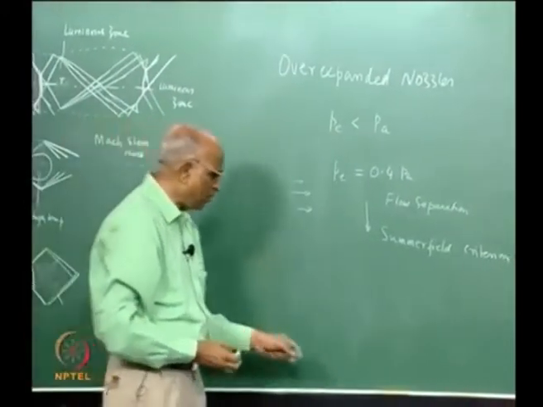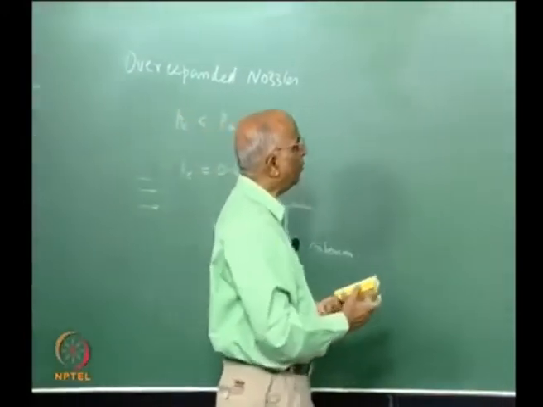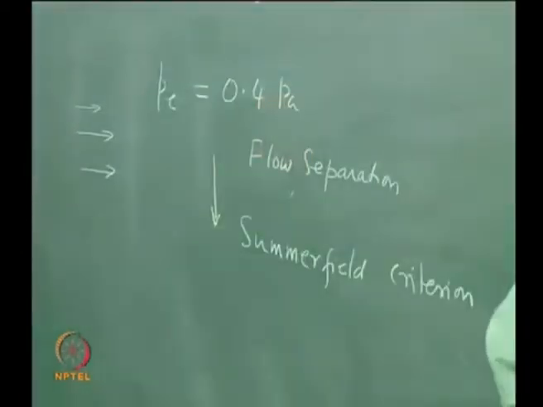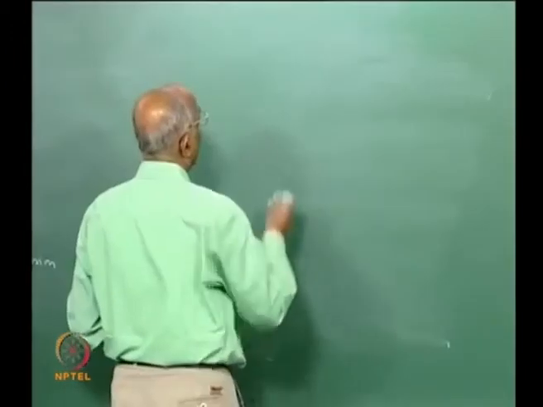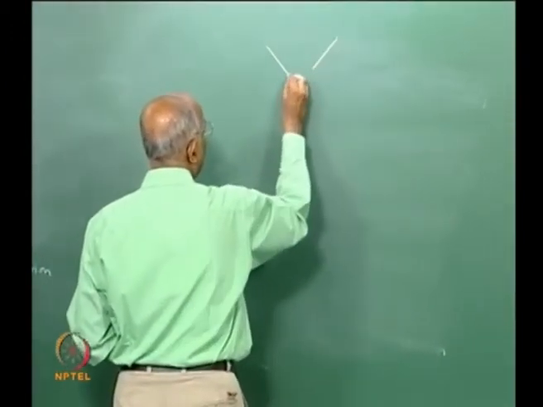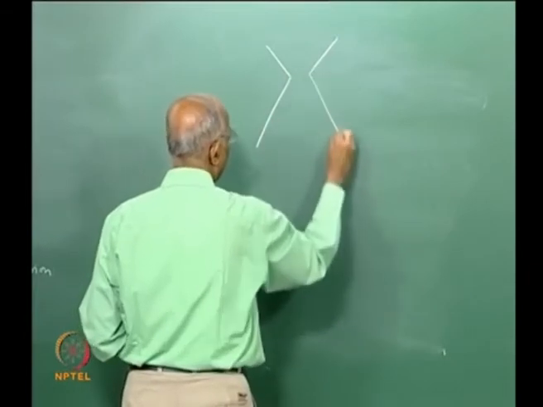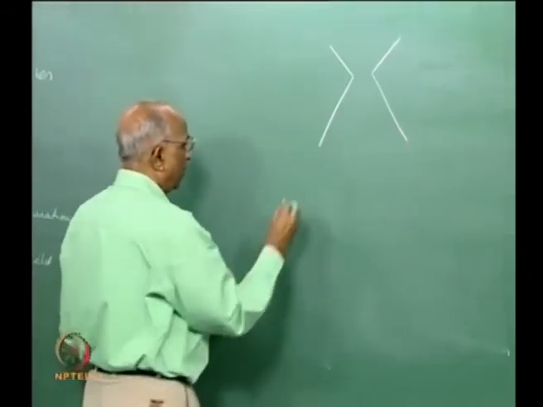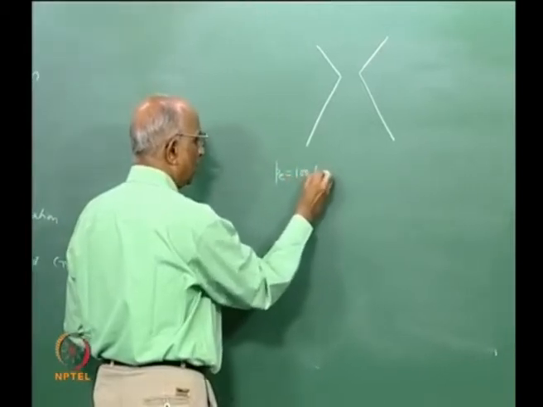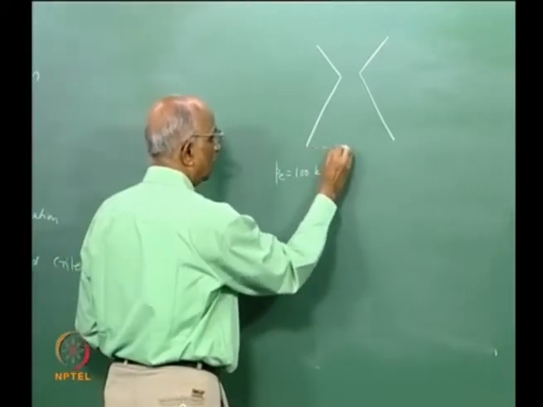What is the implication of this? Supposing I have to make a nozzle perform on the ground, that means I have something like a nozzle. Let us now plot the shape of the nozzle, convergent followed by divergent. Then my ambient pressure is, let us say, 100 kilopascal on the ground.